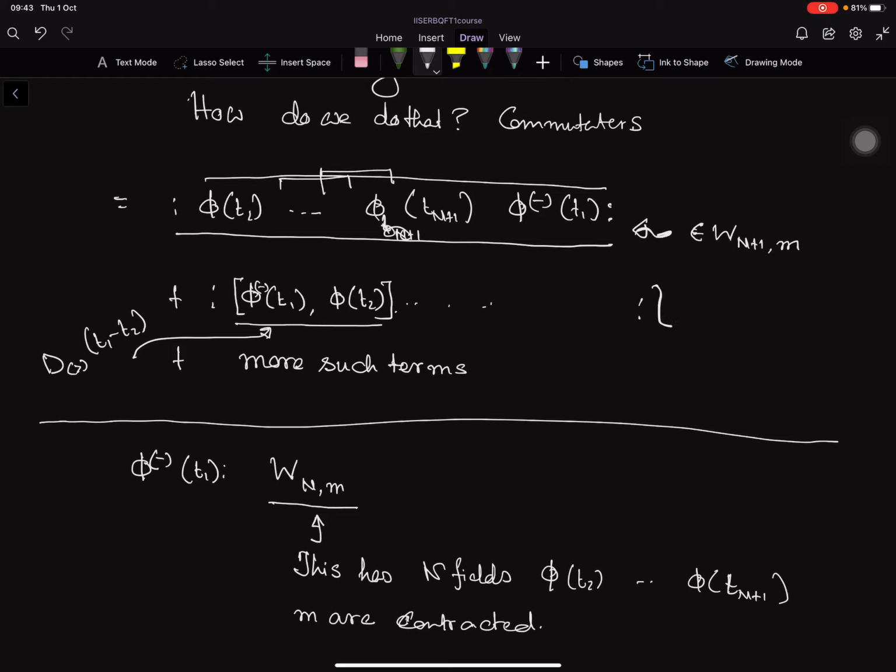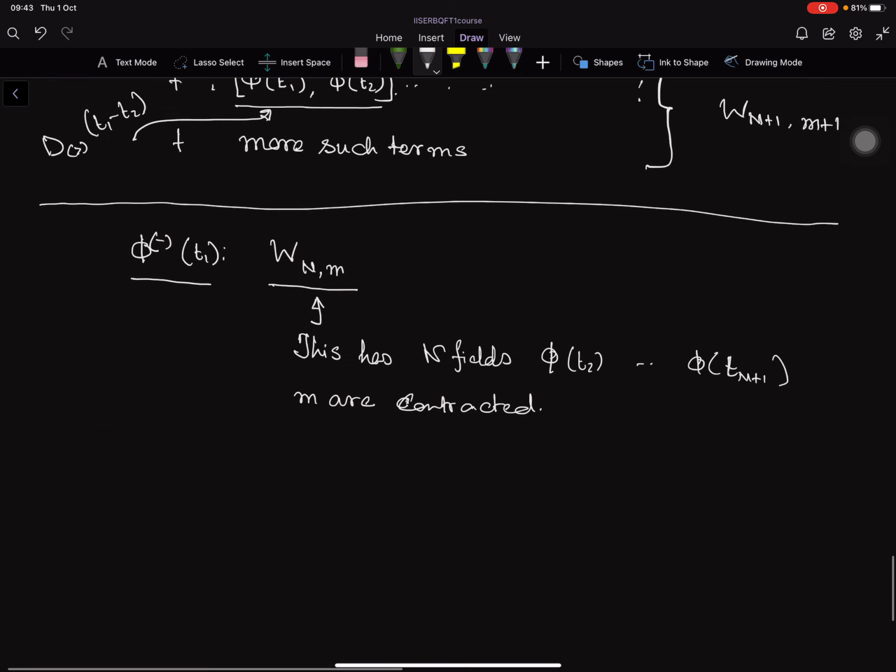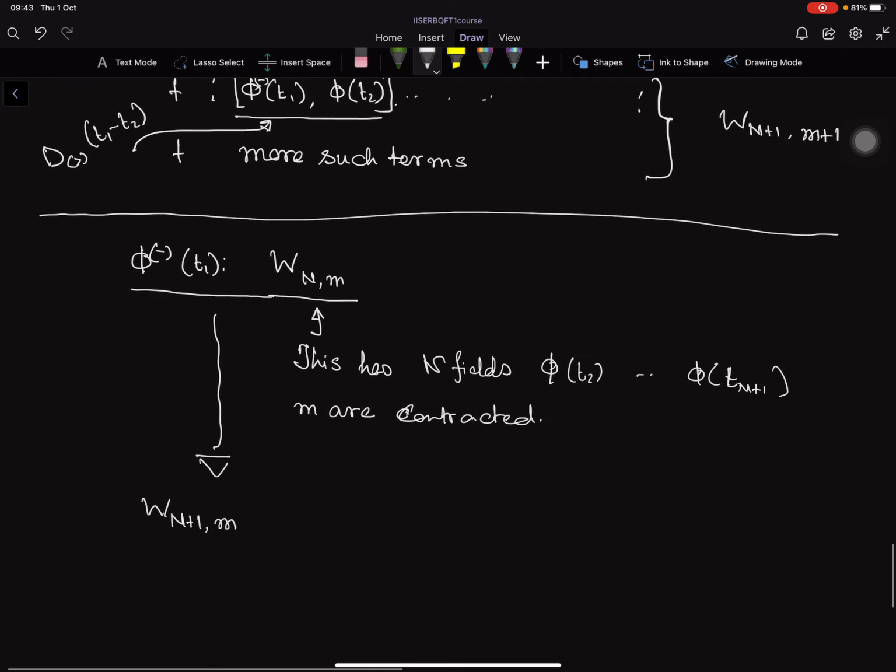And then you have another kind of term where you again have Wn plus 1, n plus 1 fields, but m plus 1 of them are contracted. So from this we get Wn plus 1 m.